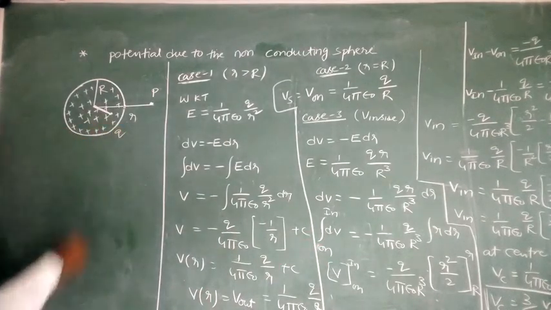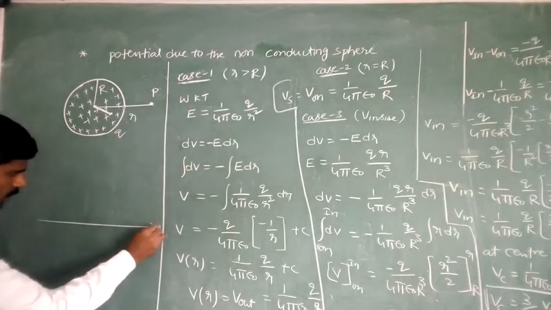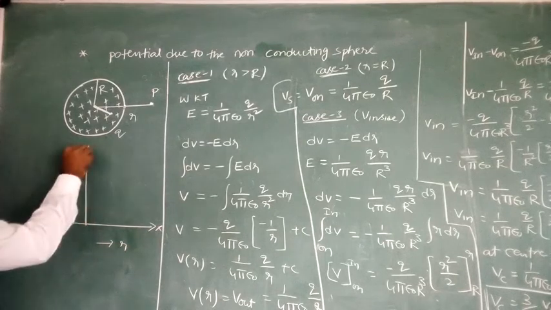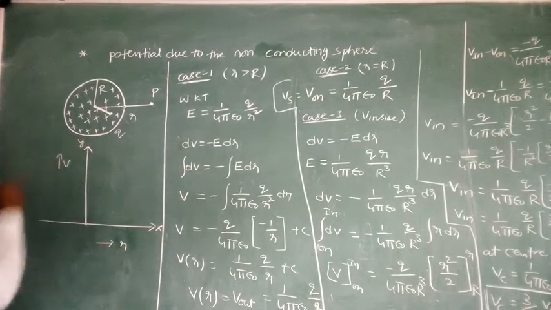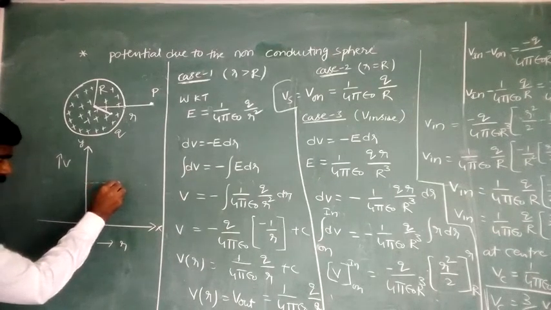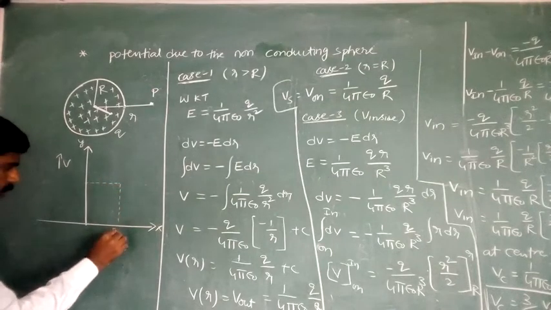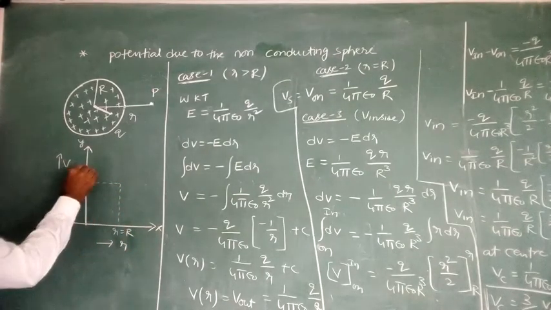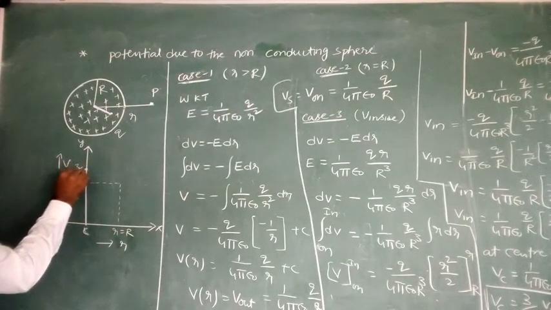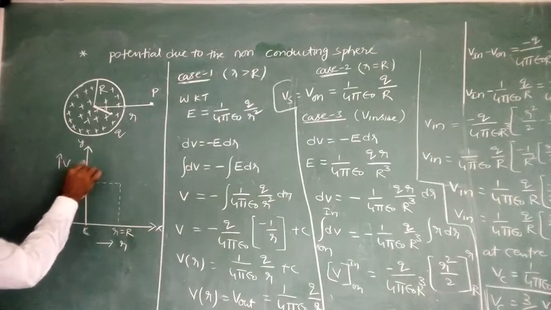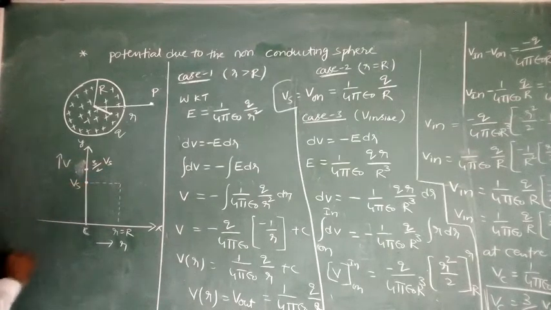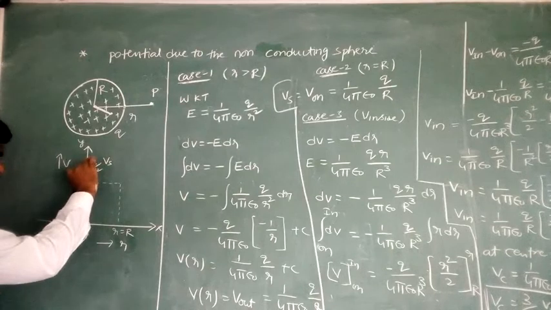Observe, take the same manner. Distance is taken on the x-axis and potential V is taken on the y-axis. Here on the surface means small r is equal to capital R. At the center, potential is equal to 3 by 2 into Vs. Here potential is equal to Vs. So we are getting the graph like this.